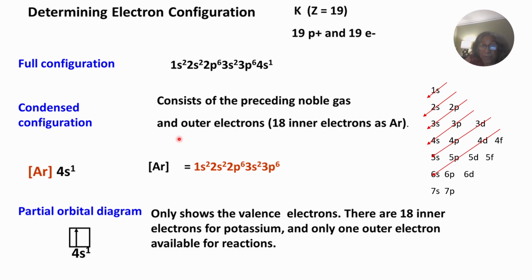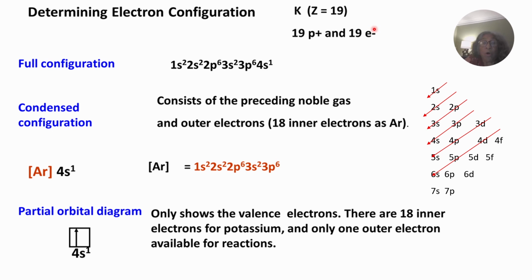The head of the arrow indicates the spin of the electron. A shorthand using noble gas configurations is very useful for very large atoms. You can place the symbol for the electrons that argon has in here, like in this case, and only show the valence shell electrons. A partial diagram is also useful.